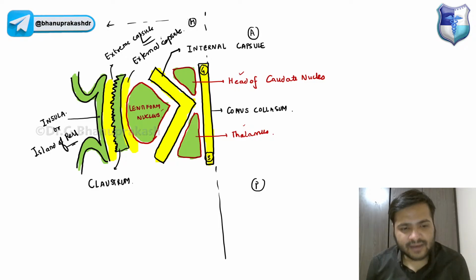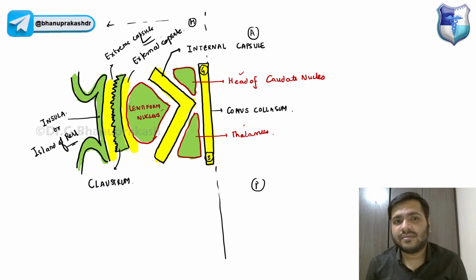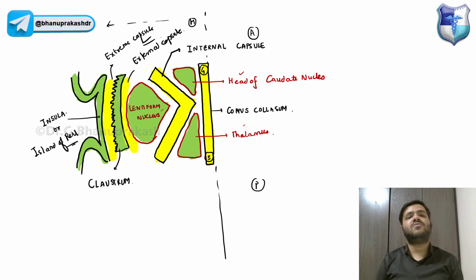So those are the relations from medial to lateral in relation to the internal capsule: the corpus callosum, internal capsule, lentiform nucleus, and so on, the gray matter and white matter sections over here in the transverse section. That is something you have to know.